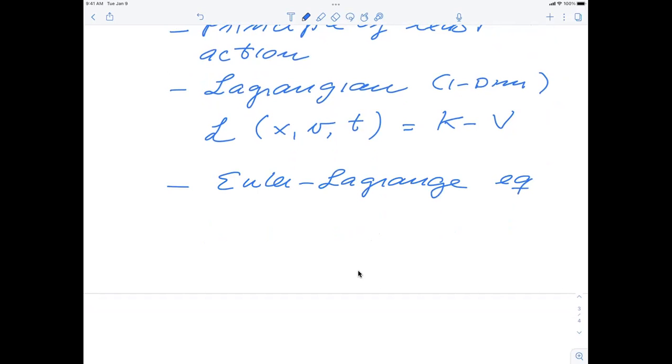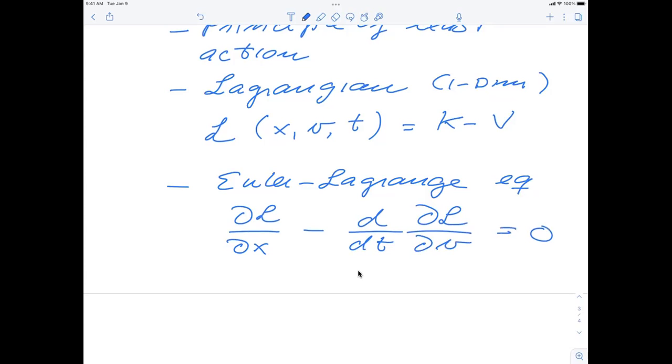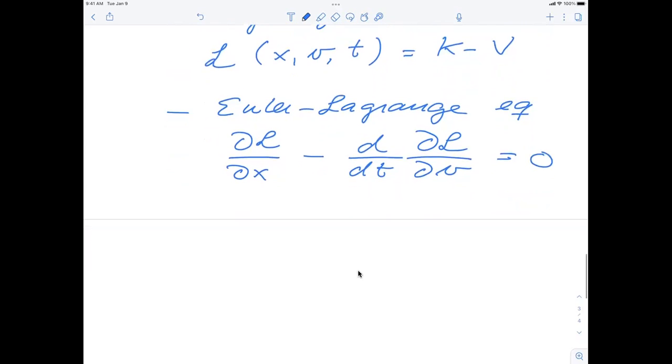So these equations tell us now that the partial derivative, and I guess most of you now have seen partial derivatives in mathematics courses, so the partial derivative of this Lagrangian with respect to x minus the time derivative of the partial derivative with respect to the velocity is equal to 0. And we are going to derive these equations on Monday, next week. So these equations play an important role because they are going to give us the equations of motion.